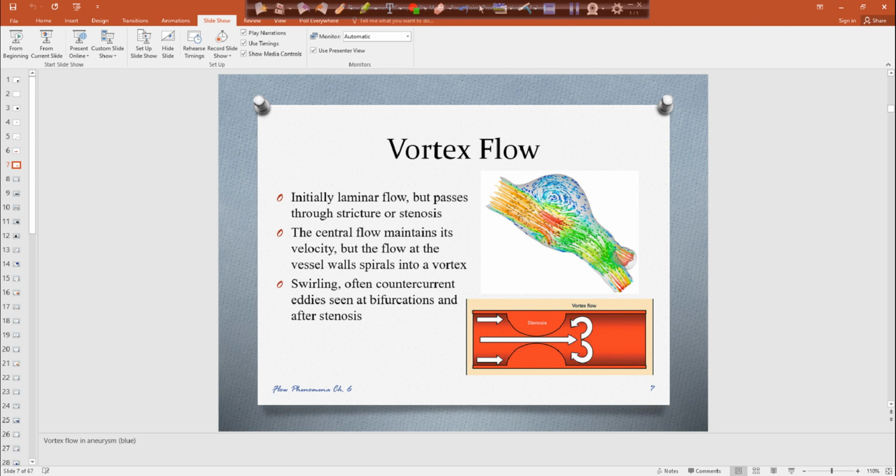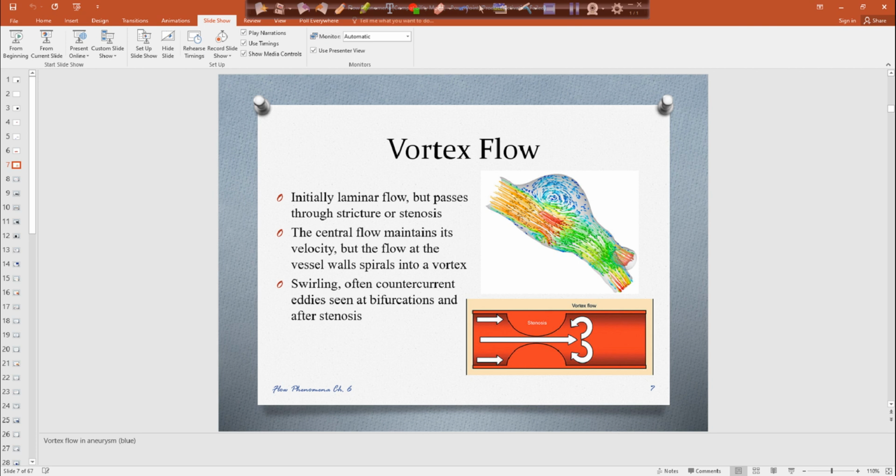So it's going to speed up, because just like, have you ever washed your car and you don't have a proper spray at the end of your hose? You actually sometimes just put your thumb there, right? And it reaches a lot further than if you just didn't have any pressure on that at all. So you're going to get an increase in velocity through that stenosis, and then once you pass that stenosis, you get that vortex flow.